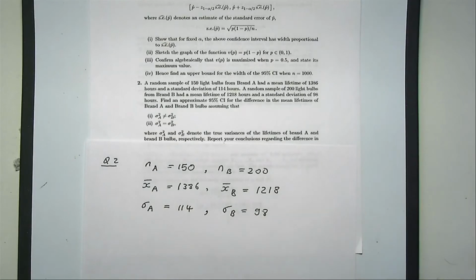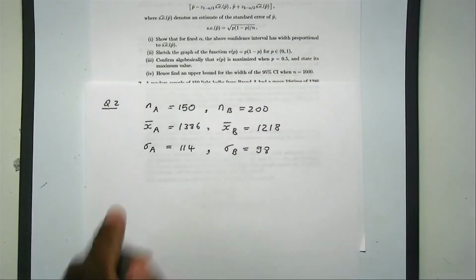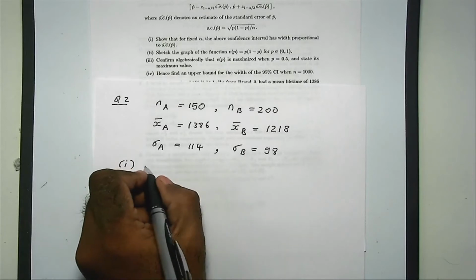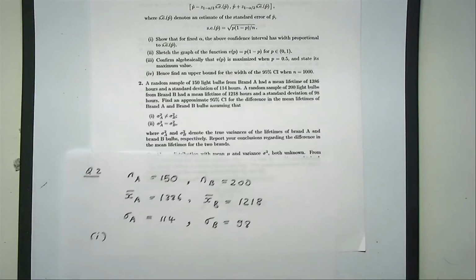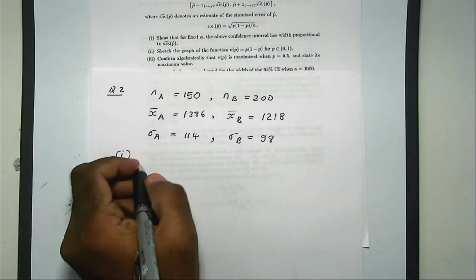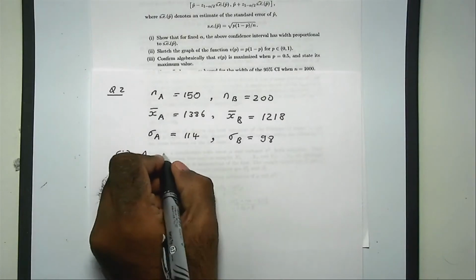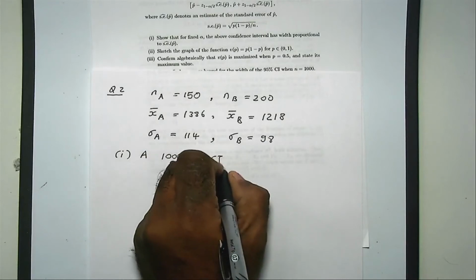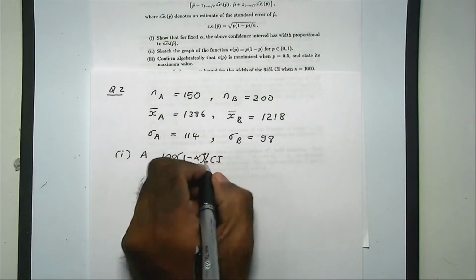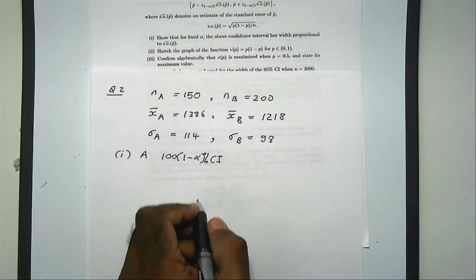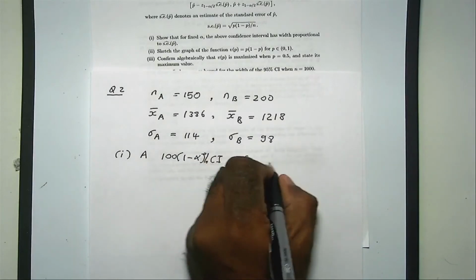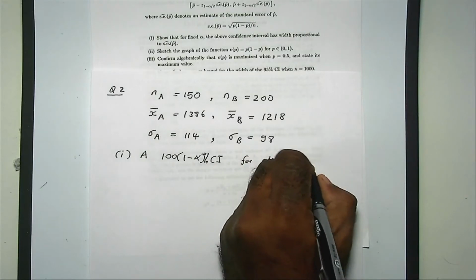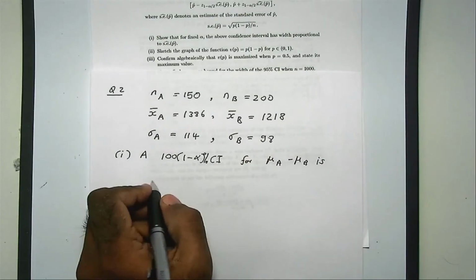So given all this, and for the first part, we want to find 100 times 95%. Okay, but let me first write down the general formula, which you should remember. So the 100 times (1 minus alpha) percent confidence interval for the difference in the population means is the following.